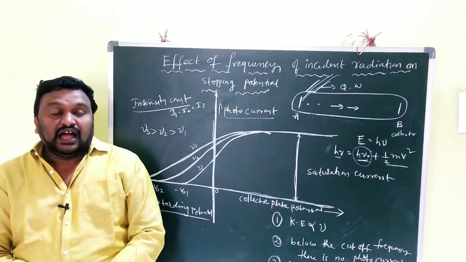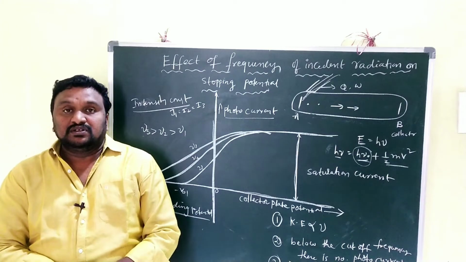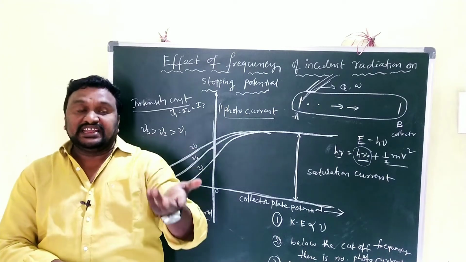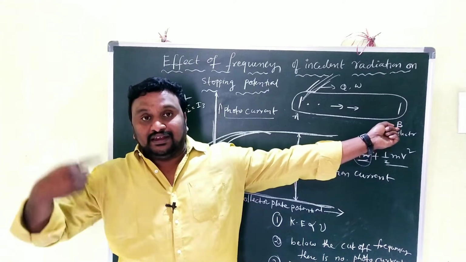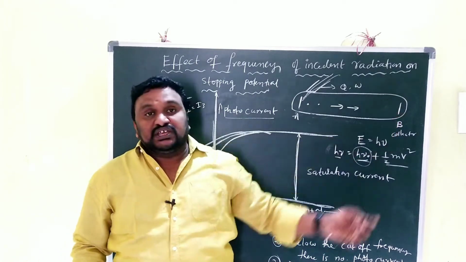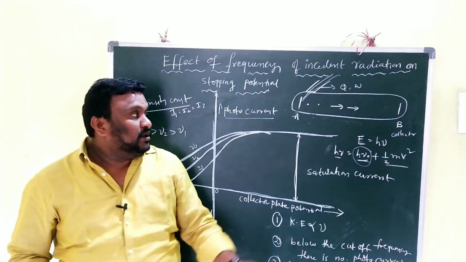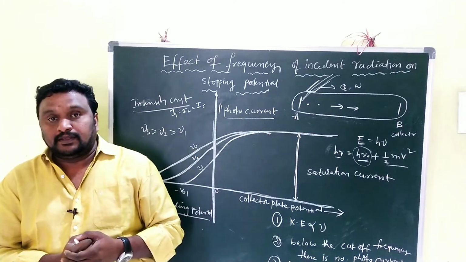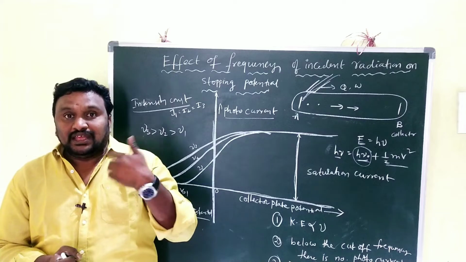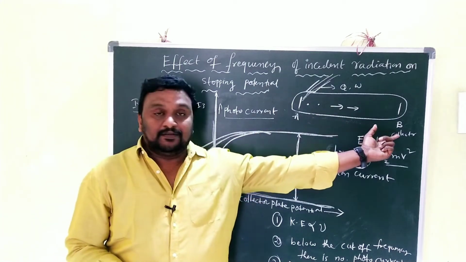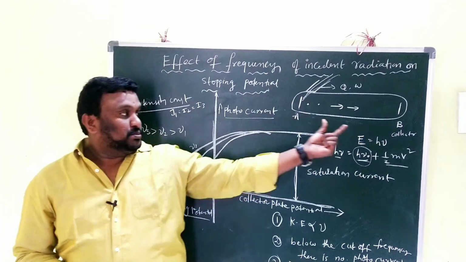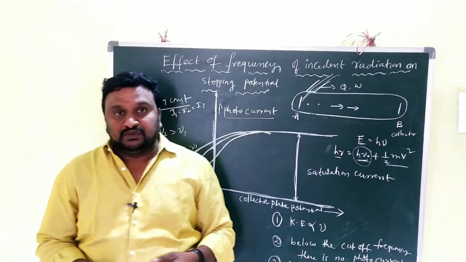As I told you in previous videos, when the collector potential value is increased, when the value of B is increased, the collector will collect more electrons which are coming from A. Got my point, children? This is A and this is B. A is already given negative, B is given positive.